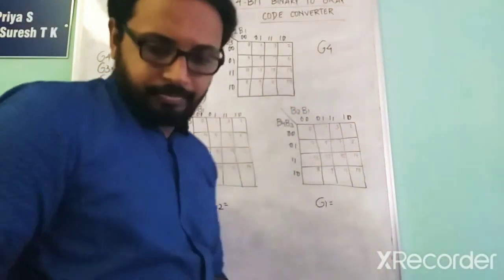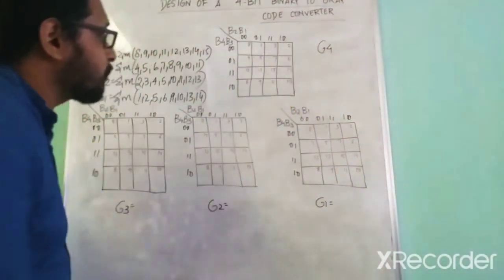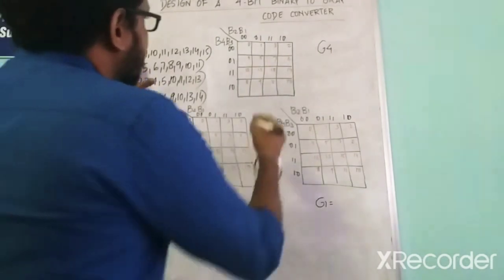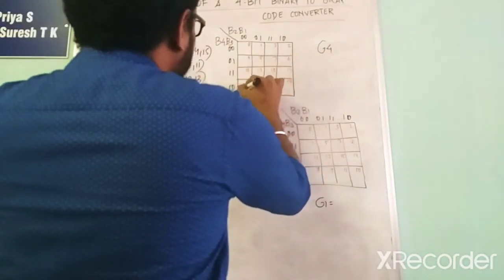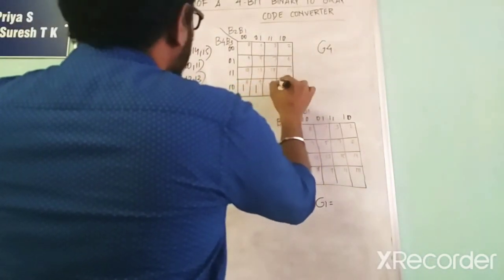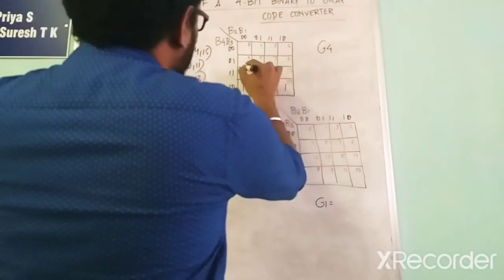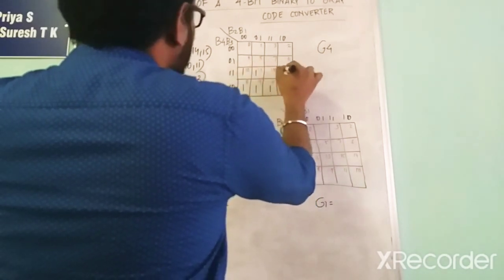Now giving the values: 8, 9, 10, 11, 12, 13, 14, 15.